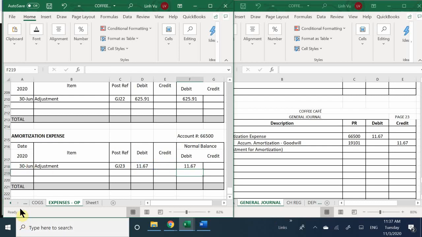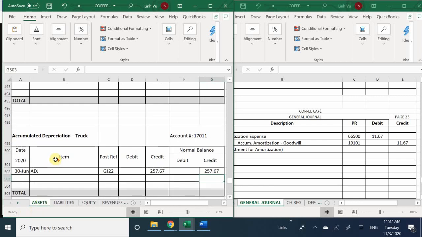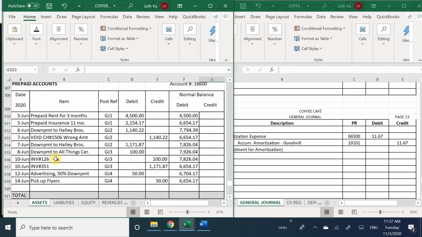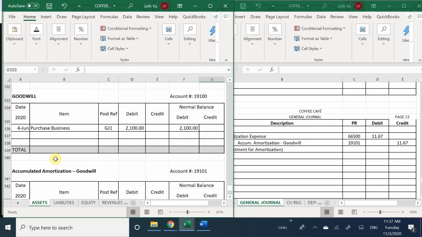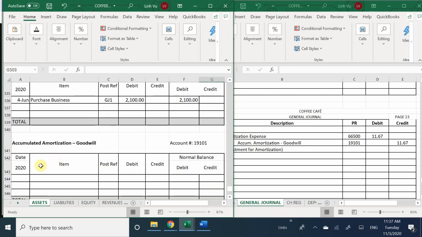Okay. And then we're going to go all the way to our assets under goodwill. I have accumulated amortization, goodwill, 630. Same thing, ADJ for adjustment, general journal number 23. And it's credited for 1167. Okay.